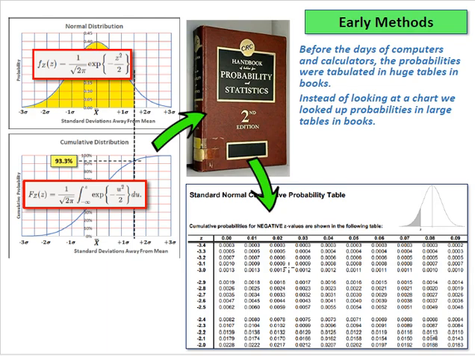That is the standard normal cumulative probability table, which is your Z table because we code it with a Z. So that's before the days of computers. Instead of using a computation device, you looked at a chart like this to calculate.